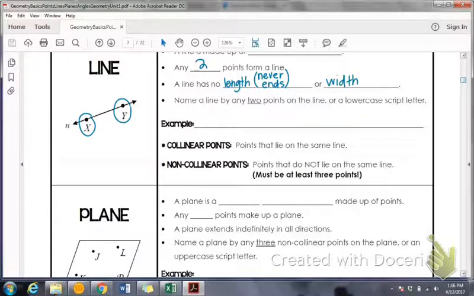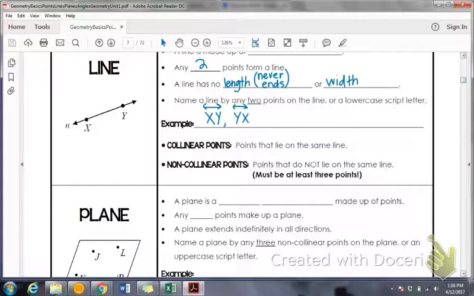Same thing, this N out here is not a point. It's just simply a label for the line. Okay? So we're going to name this line saying that it is line XY, and we're going to draw an arrow symbol or a line symbol above it. That says line XY. That's what that symbol means. We can also call it line YX. It's the same line.